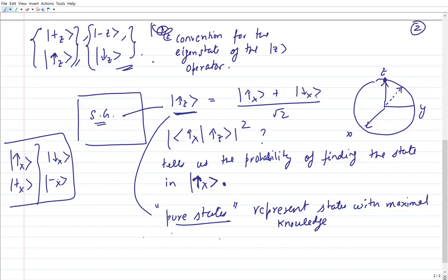So, which essentially meant that the experimentalist has all the knowledge about the system. And that's how I was representing them, by a state vector.